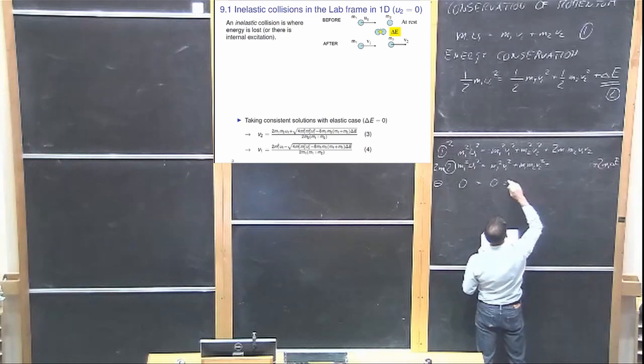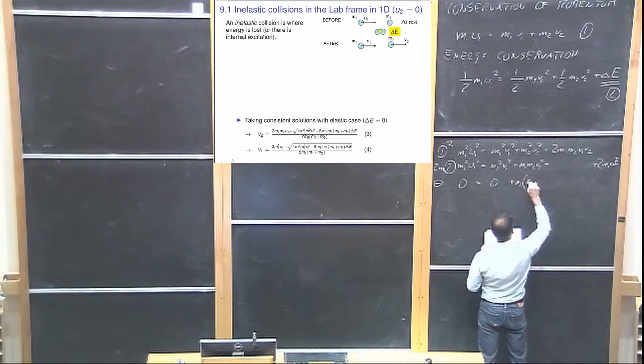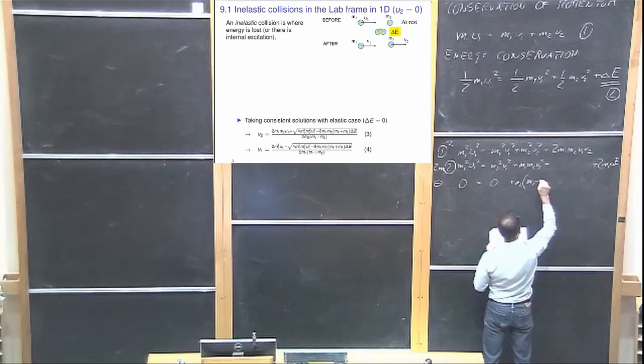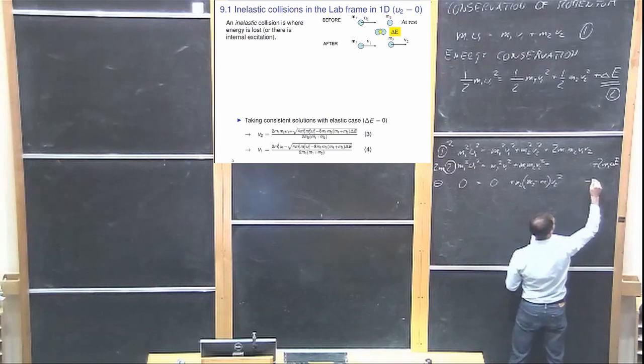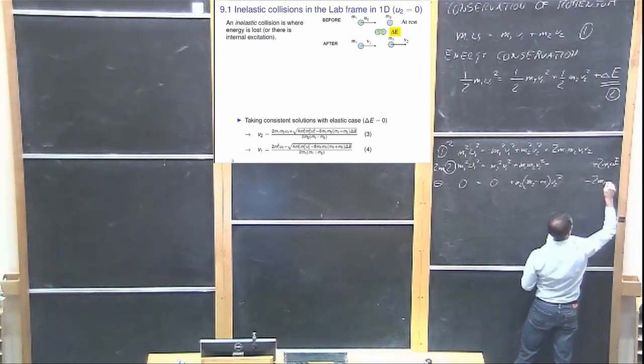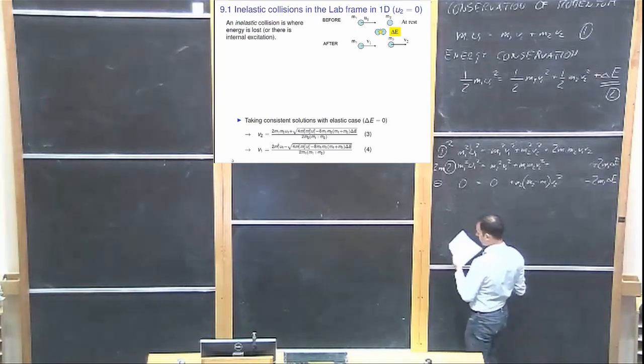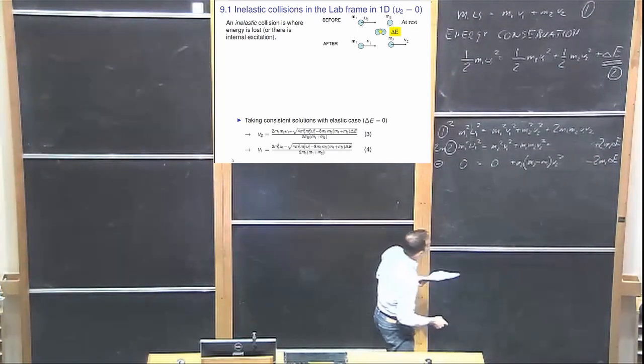I get plus m2 times (m2 minus m1) v2 squared, and I'm left with the m1 delta E at the end.